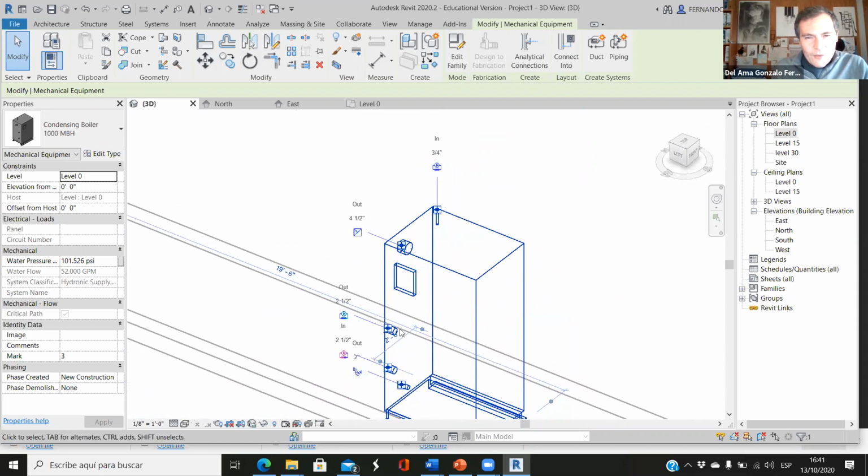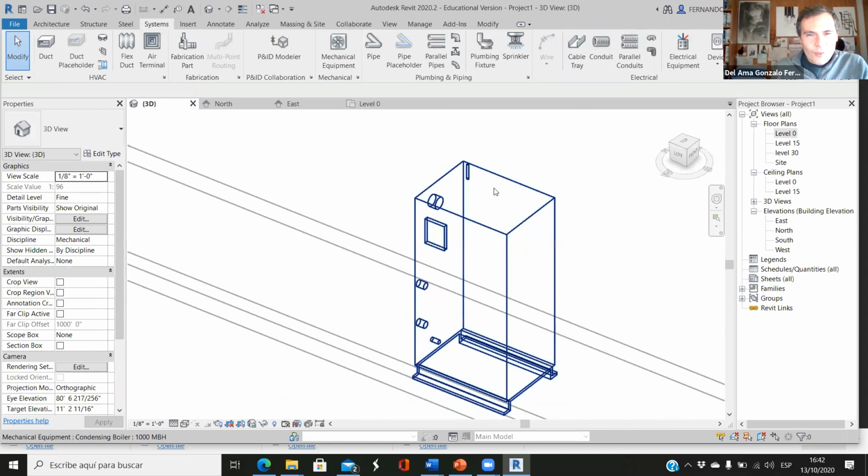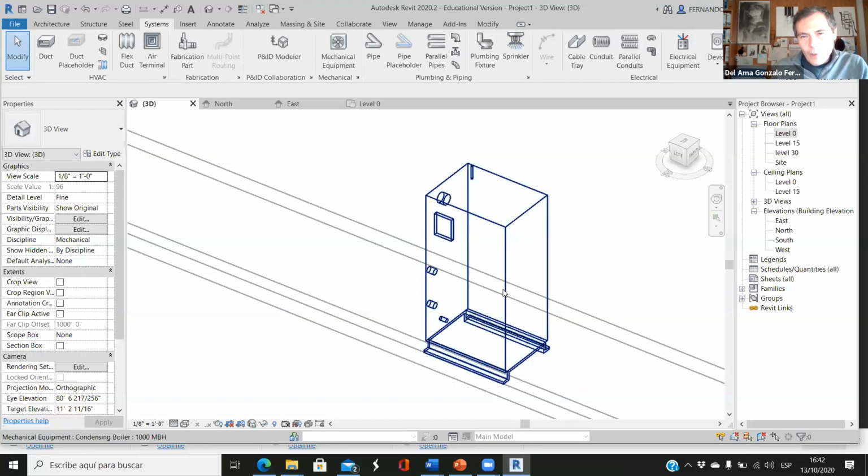Well, that means that we have 2 inlets here, so either here or there. Why? Well, I think both are correct. That depends on where the boiler is placed. So we can either use those two, or we can use this one for the outlet and that one for the inlet. Well, it depends.